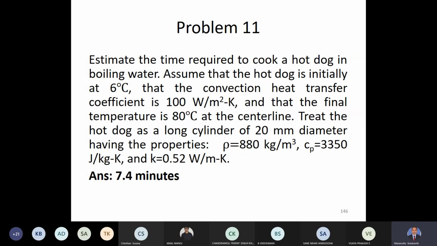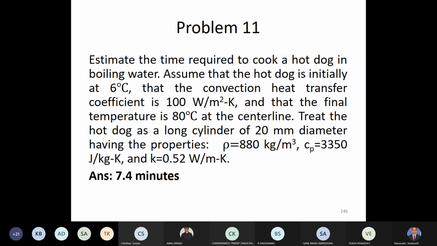Assume that the hot dog is initially at 6 degrees Celsius, that the convection heat transfer coefficient is 100 watts per square meter Kelvin, and that the final temperature is 80 degrees Celsius at the center. Treat the hot dog as a long cylinder of 20 millimeter diameter having the properties as given.